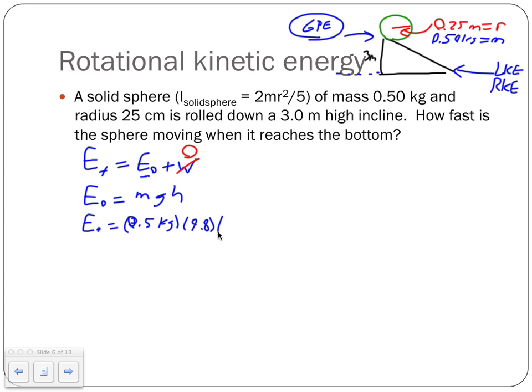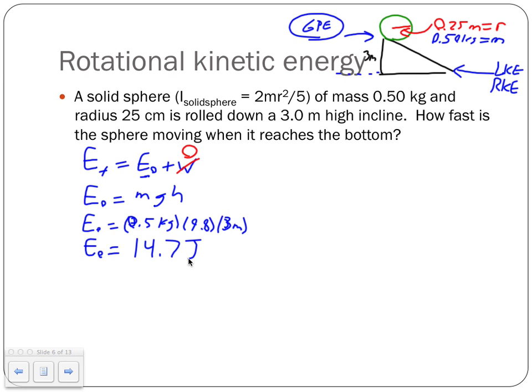The height here is 3.0 meters. And doing that gives us an original energy of 0.5 times 9.8 times 3, so that's 14.7 joules. So it starts off at 14.7 joules. It should end with 14.7 joules as well, because there's no work being done on the system.